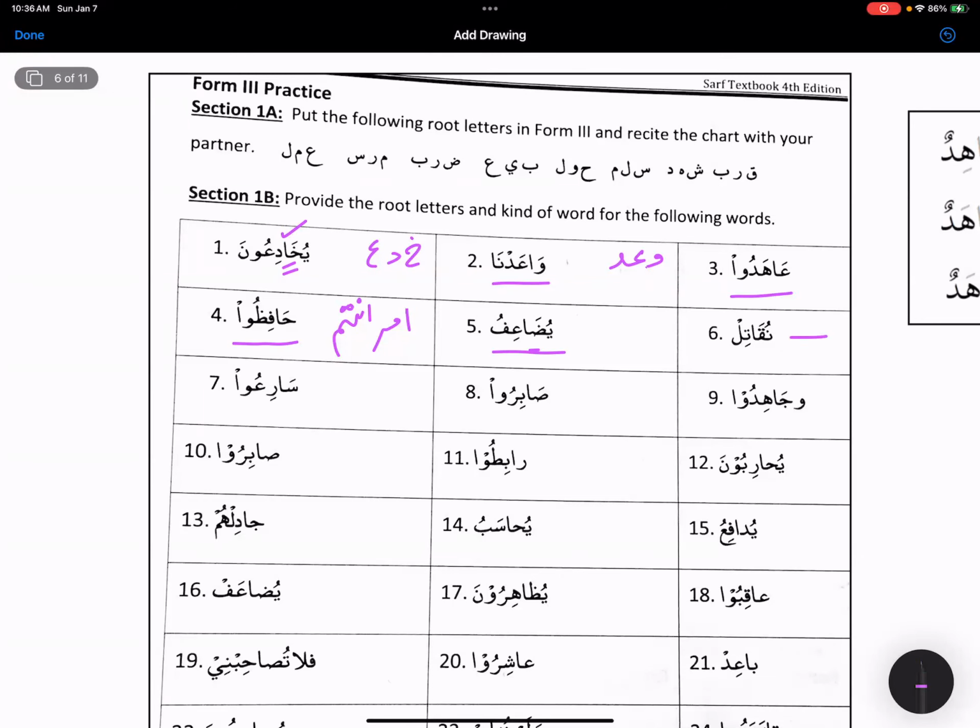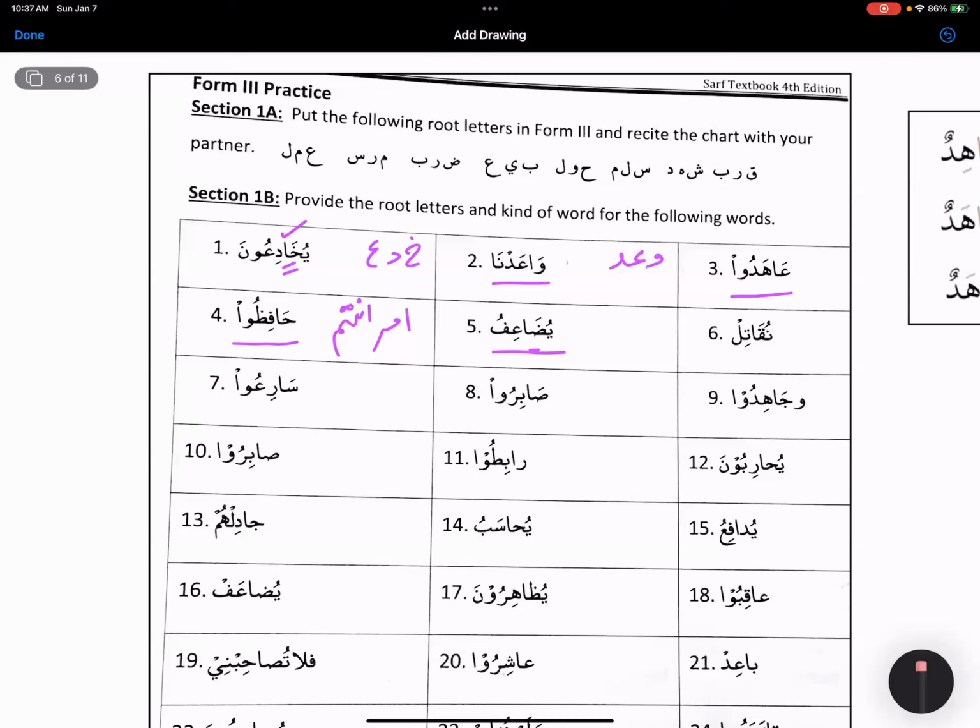Or it could be nuqatilu, fil mudari majzoom. So there is some typo here. If it is majzoom then there will be no sukun; sukun has come, so majzoom has come, so there is going to be a harf before it. Okay, let's move on to the next one.